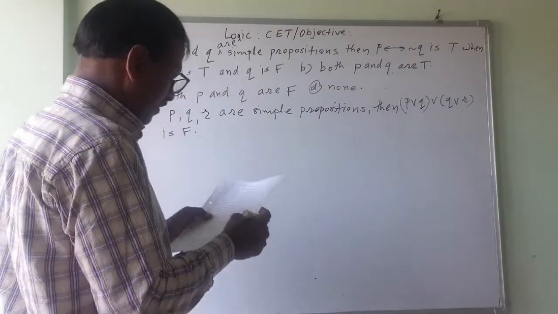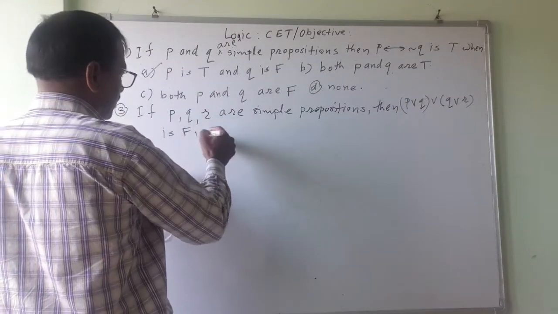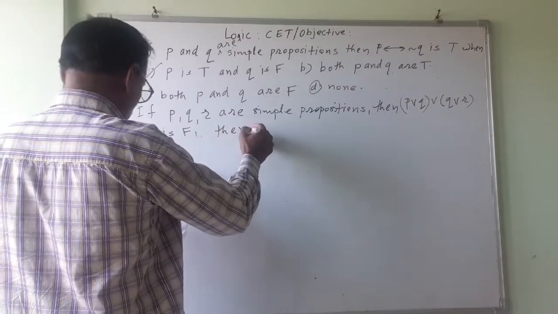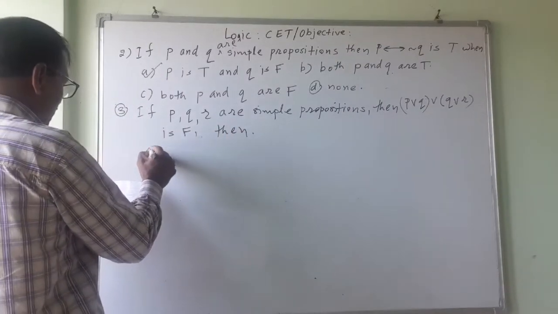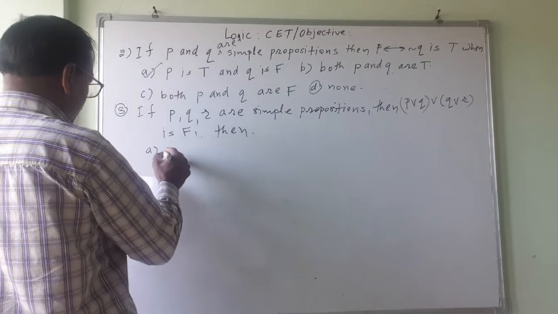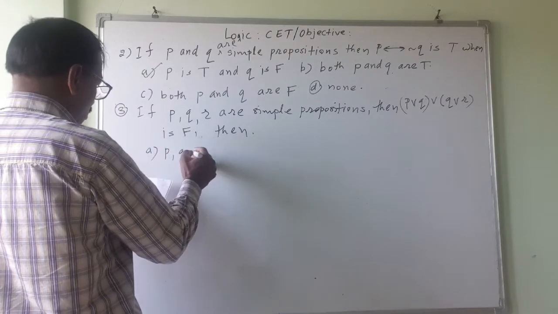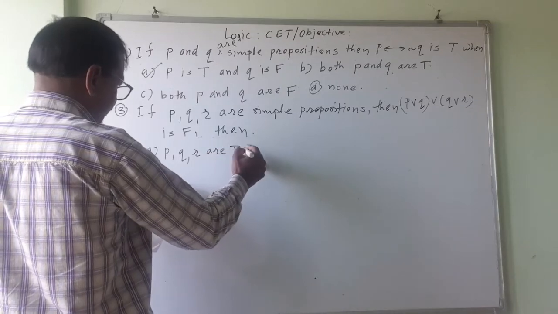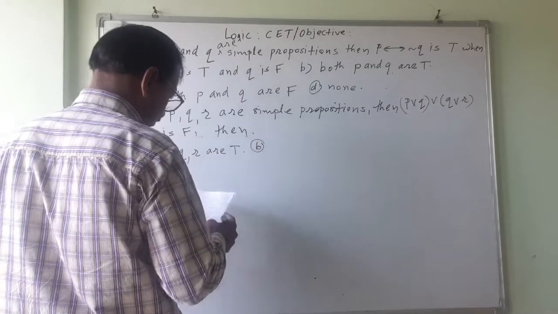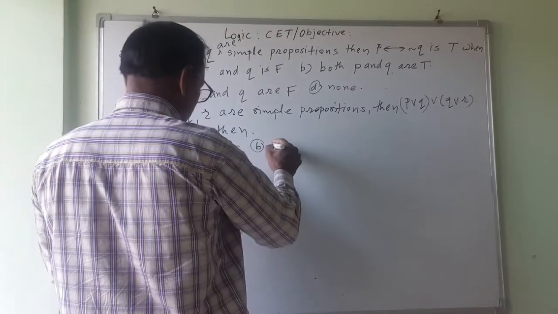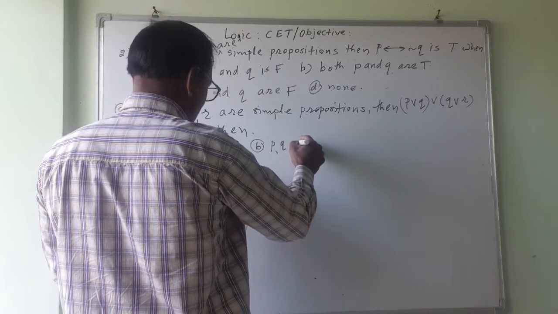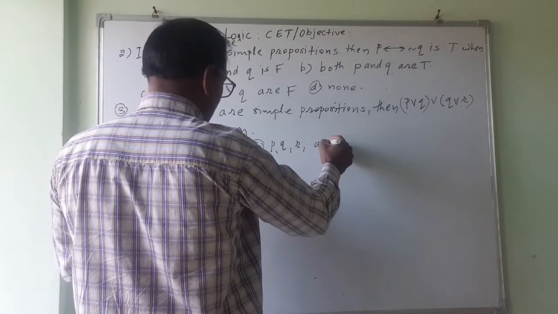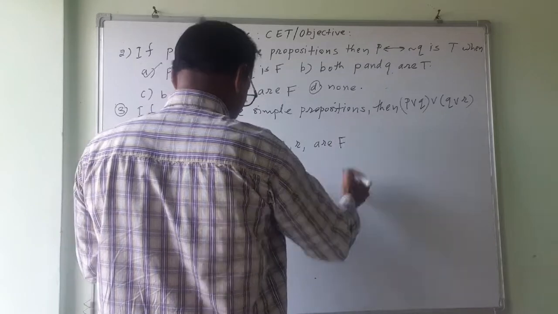is F. Then, what are the statement's possible answers? Those are given. A, P, Q, R are true. B, P, Q, R are false.